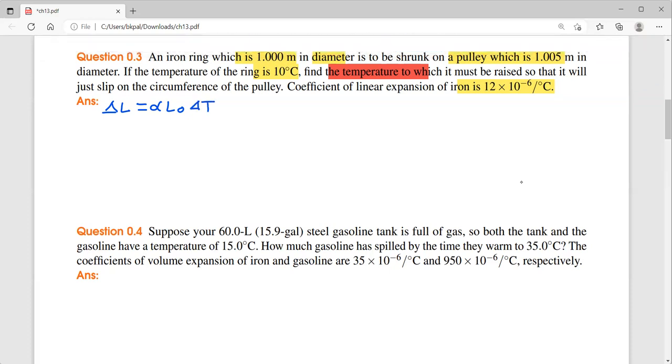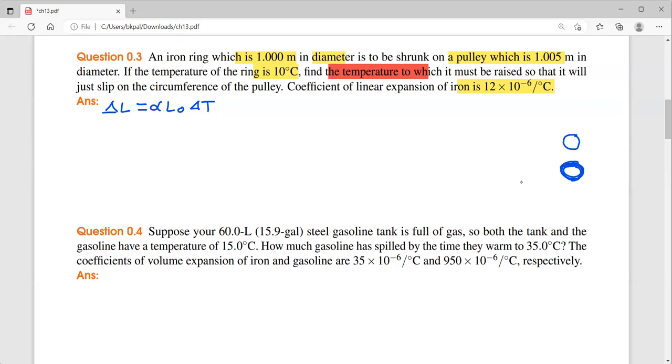Okay, so this is the initial equation. Here, let's try to understand it pictorially. Let's say this is the ring, whose diameter is 1 meter, and we have a pulley whose diameter is a little bit higher than the ring.